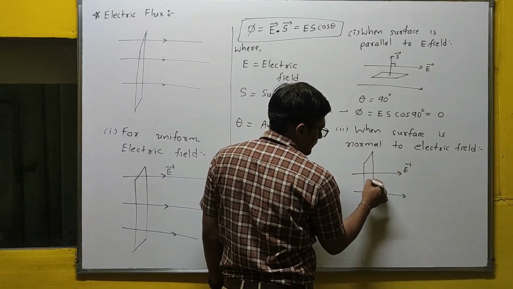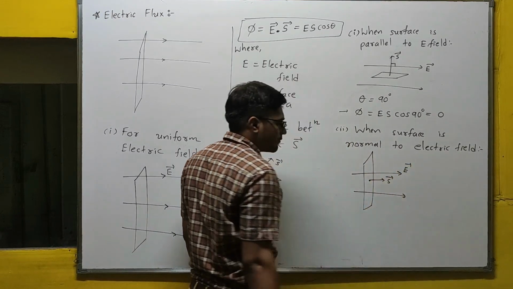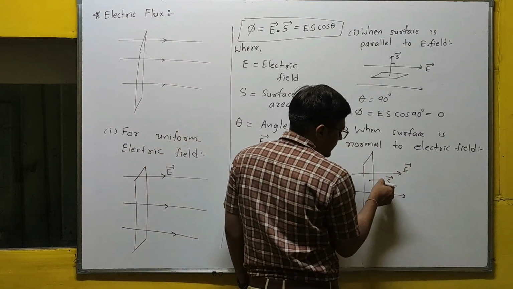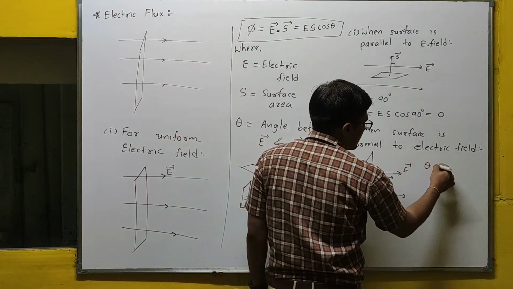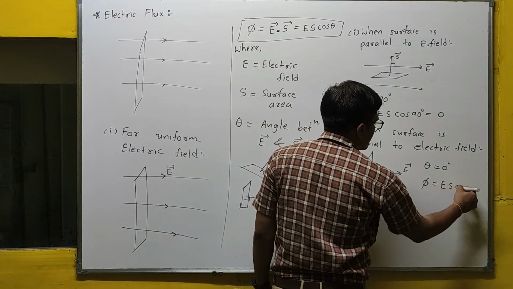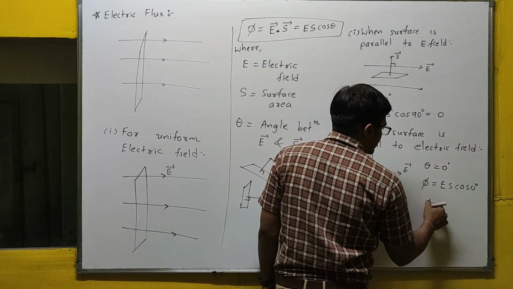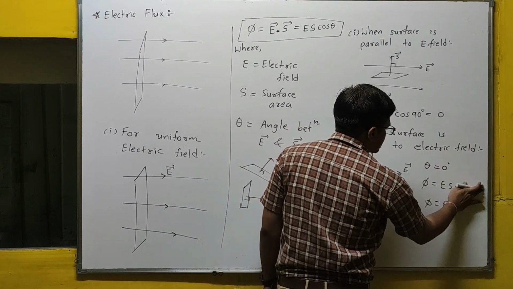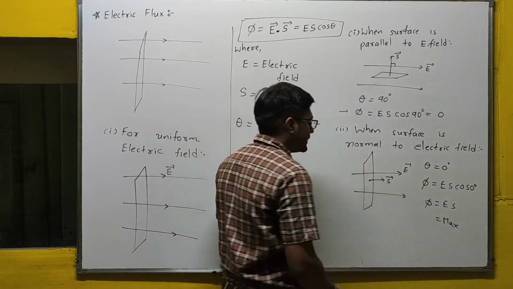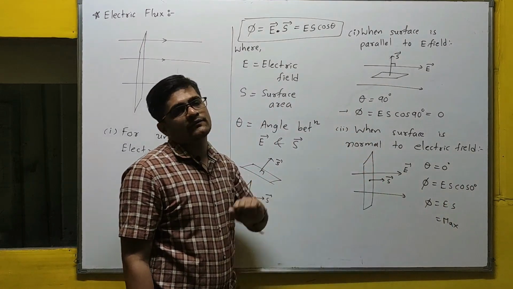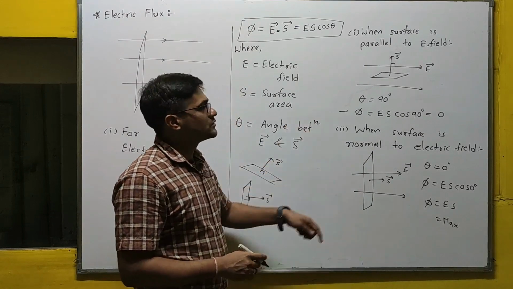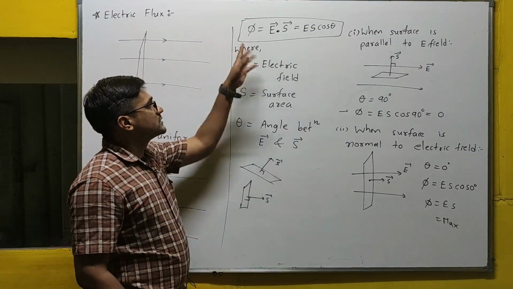So the surface area of this plane is normal to this plane. So the angle between E and S, both are in the same direction. So the angle between them is equal to what? 0. The flux associated is equal to what? ES cos 0. So phi is equal to ES. Maximum flux is associated with this plane when it is perpendicular to the electric field or normal to the electric field. You have to remember these two cases and this formula.